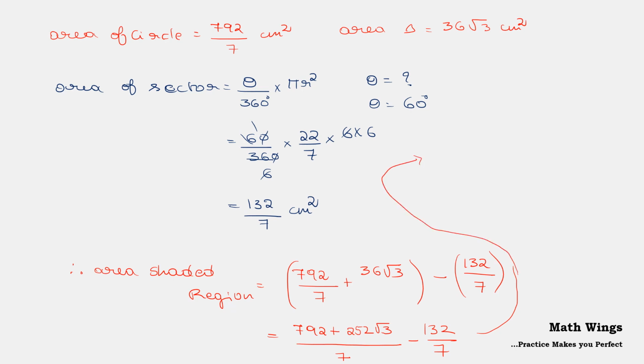So what's the answer? 792 minus 132, plus 252 root 3 divided by 7. So when we subtract, what's the final answer we are going to get here?